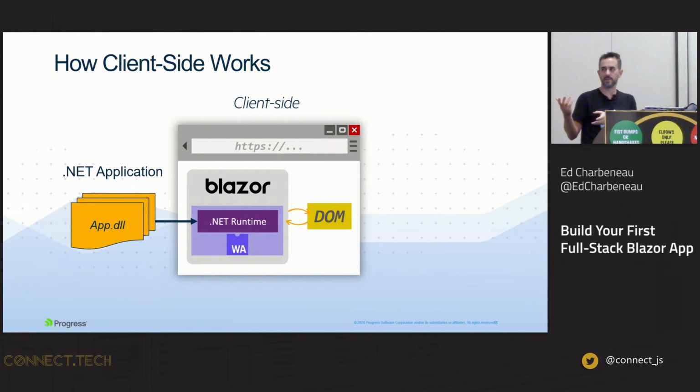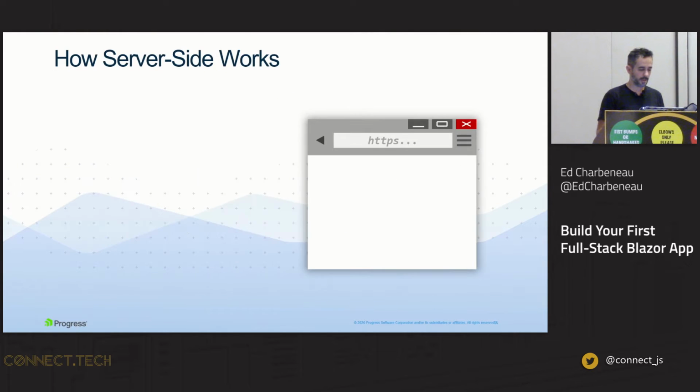A really great example of this is I have a markdown parser that I like to use. It's called MarkDig. It's a NuGet package. It's been out for nearly 10 years now, something like that. It works natively with Blazor in the browser, no problem.